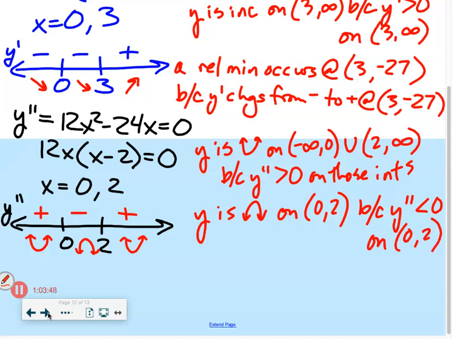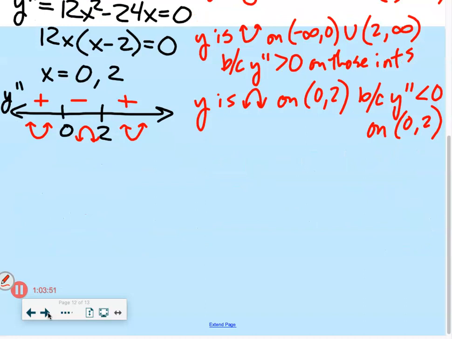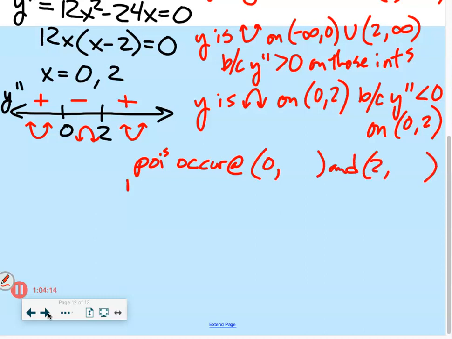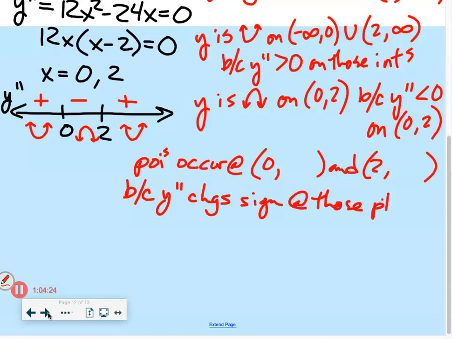Do we have any points of inflection? Yes. Brian, what are the two x values for our points of inflection? 0 and 2. POIs, it should really be P's OI, points of inflection, not point of inflections. But POIs occur at 0, comma something, and 2, comma something, because y double prime changes sign at those points.